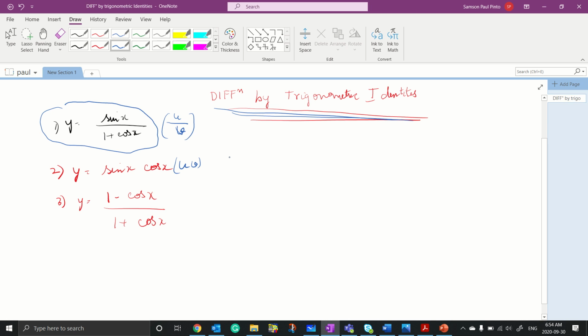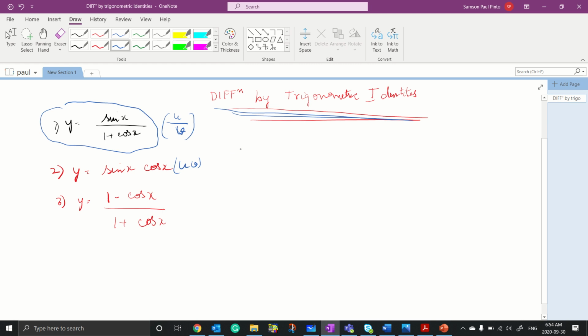But using these types of rules is not required and can be smartly avoided by certain trigonometric identities. So let's start without any further ado.